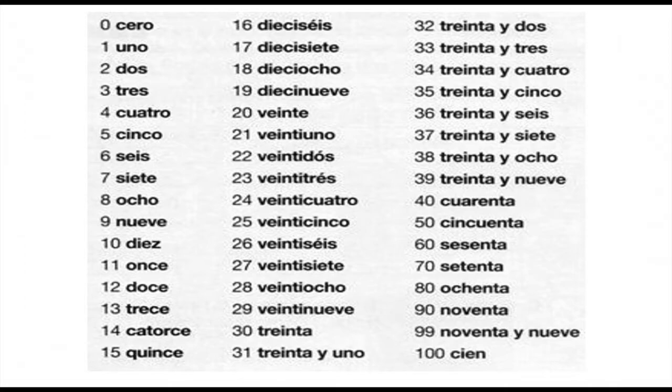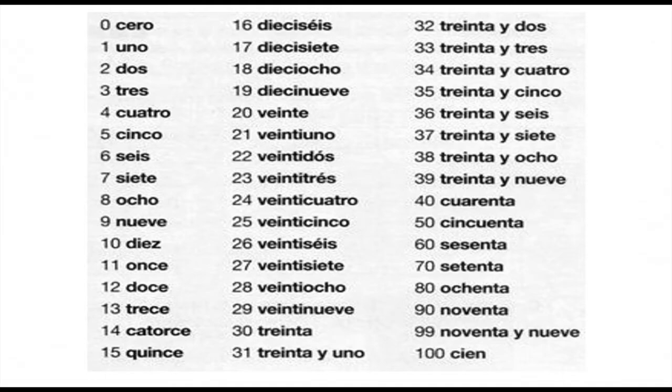After you hit 101, cien, which means 100, becomes ciento, with a O at the end. Ciento. And if you want to say, for example, 101, you will say ciento uno. For 102, ciento dos.